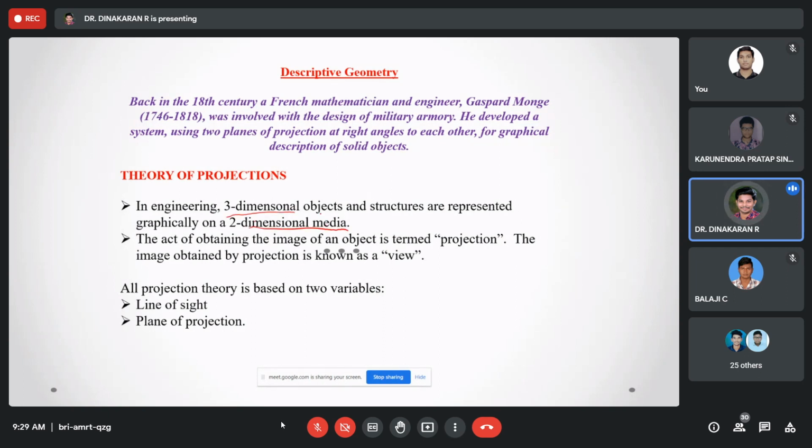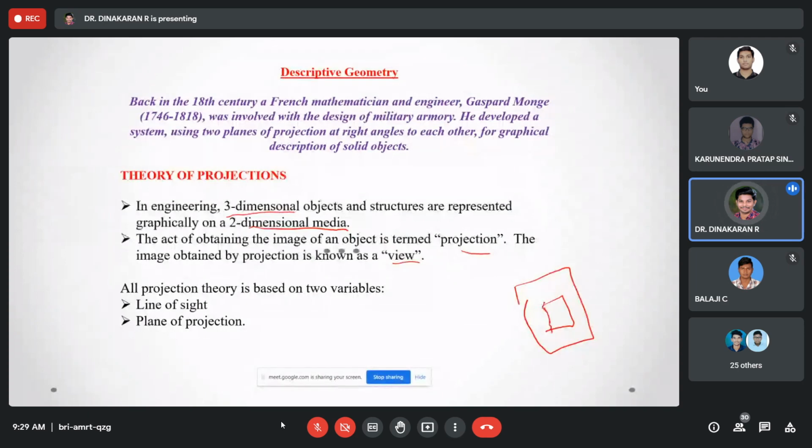In the previous topics, the solids like prism, pyramid, cone, and cylinder are three-dimensional objects, but the conversion gives a front view and top view, which are two-dimensional. The image obtained by projection is known as a view, because the image is obtained on the planes by means of projection only.